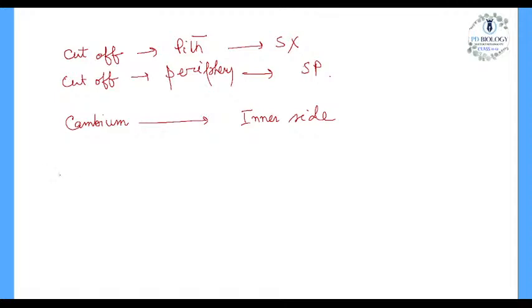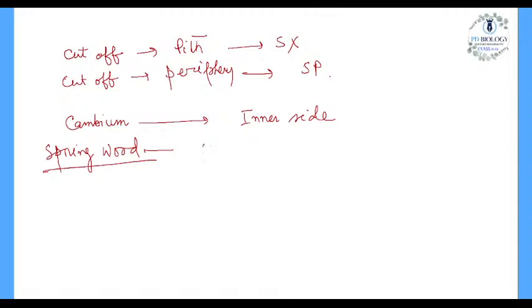You know the concept of spring wood. In the spring season, the cambium is very active and produces a large number of xylem elements having vessels and wider cavities.